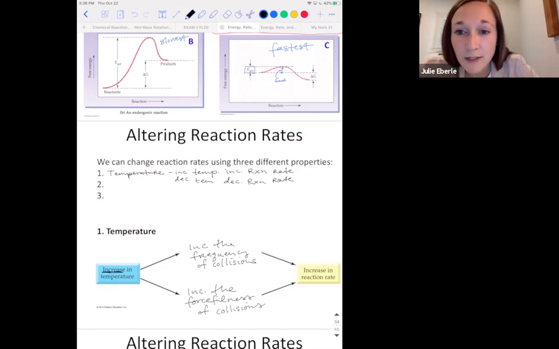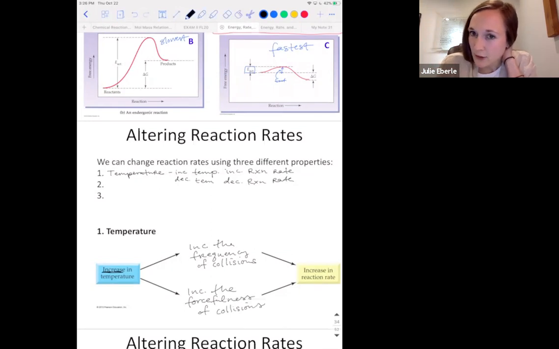If they collide more forcefully, we're giving those atoms and molecules a better chance of having sufficient energy and clearing the activation energy barrier so that they can proceed with the reaction pathway and make the products. So that's two ways temperature can do two things. All right, any questions on that?